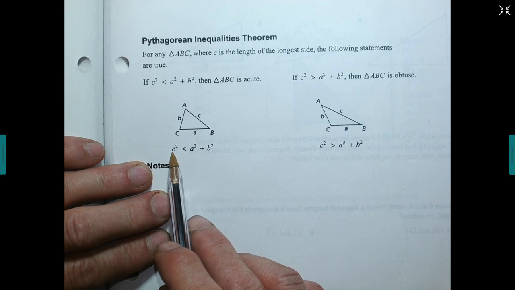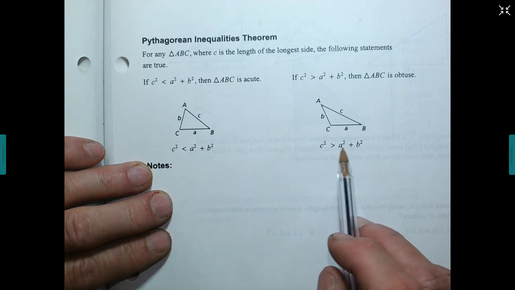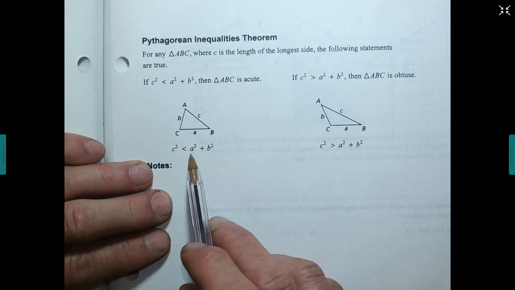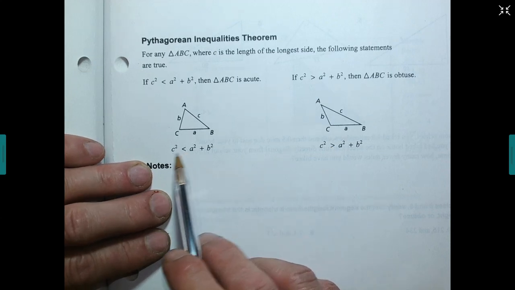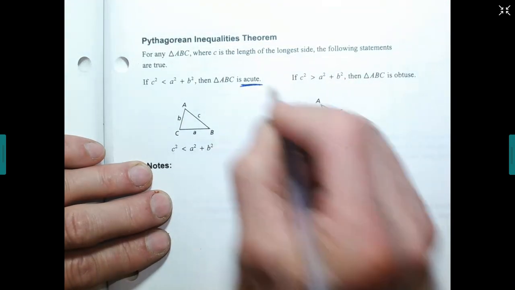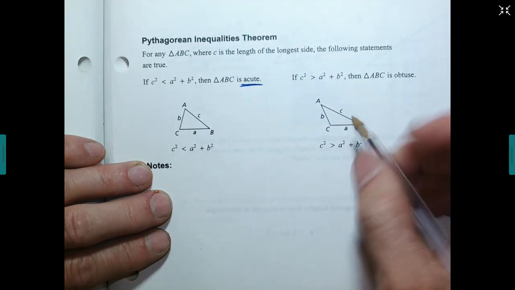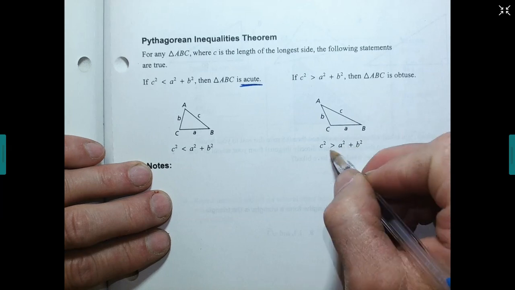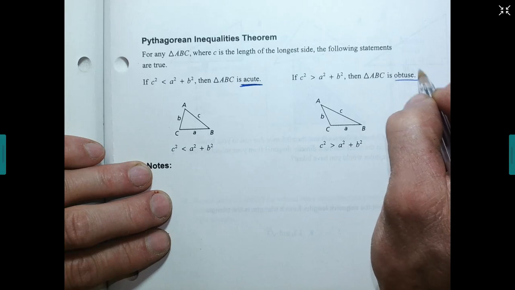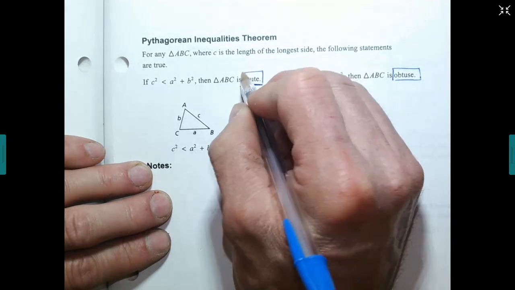Or what if a squared plus b squared is less than the hypotenuse? Well, if it's greater than the hypotenuse, it is an acute triangle. And if leg squared plus leg squared is less than the hypotenuse, then it's an obtuse triangle.